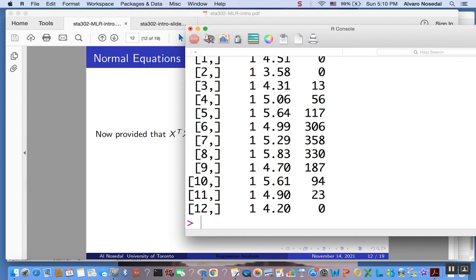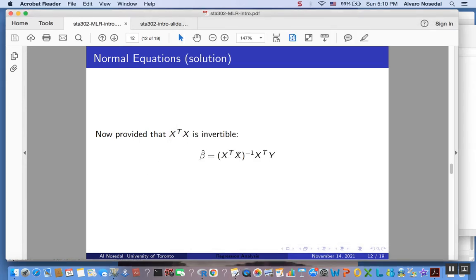Oh, well, first, let me just say something. So we have the transpose of x, right, times x, right? That's the first thing that we would need. I mean, that product, x transpose x, then inverse.